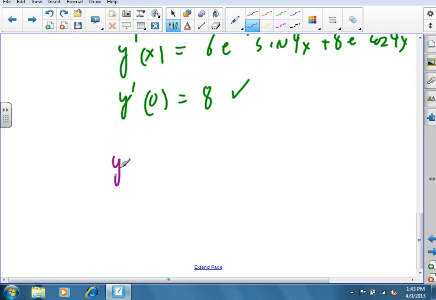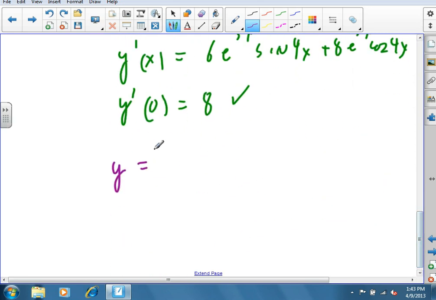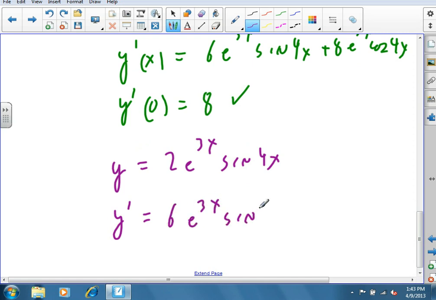Continuing on, y is equal to 2 e to the 3x sine 4x. y prime is 6 e to the 3x sine 4x plus 8 e to the 3x cosine 4x.